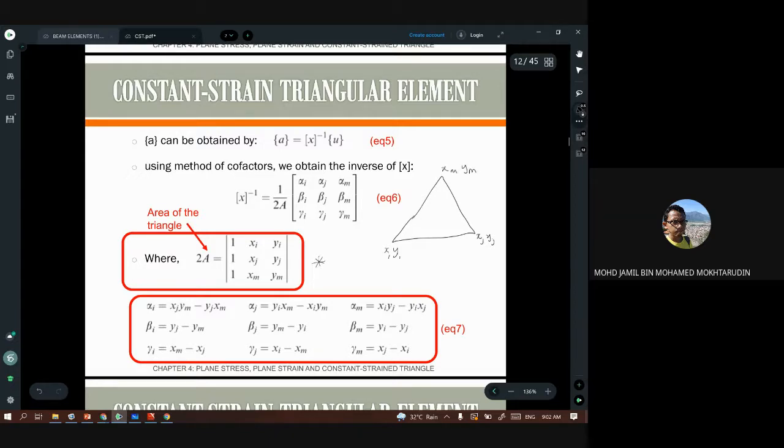But most of the time the triangle given to you will be a straight one, a right-angled one. For example, let's say this is length 2 and the height here is 2 as well. So you can calculate the area without using the matrix formula. For example, you can split this into 1 and 1.